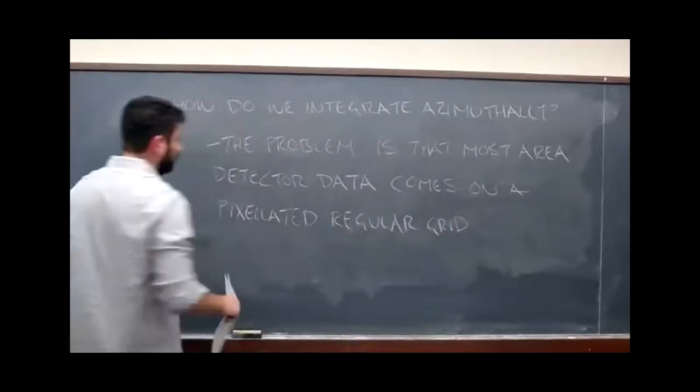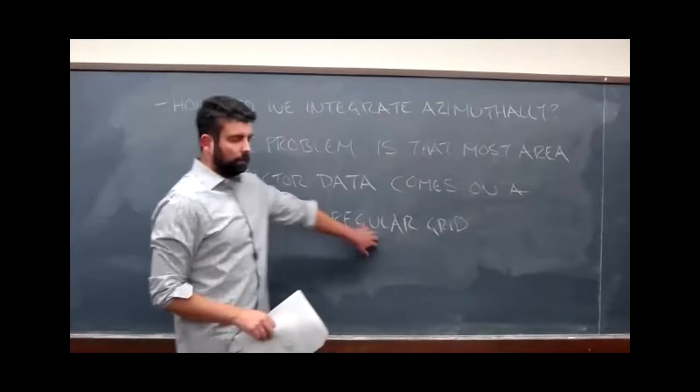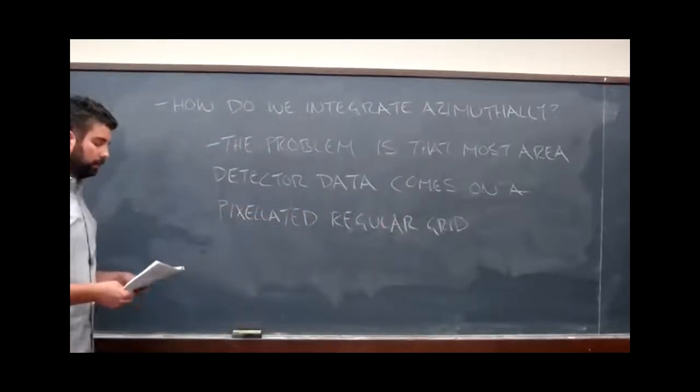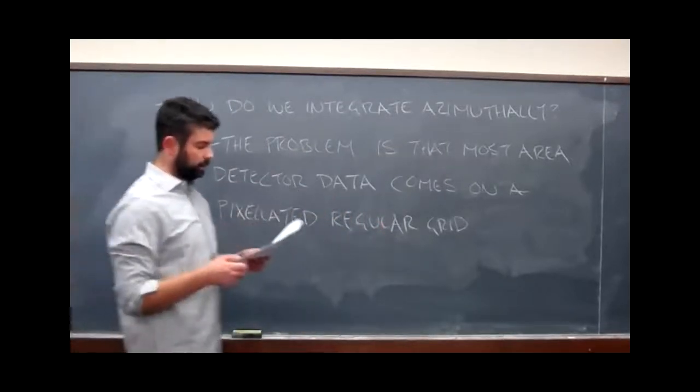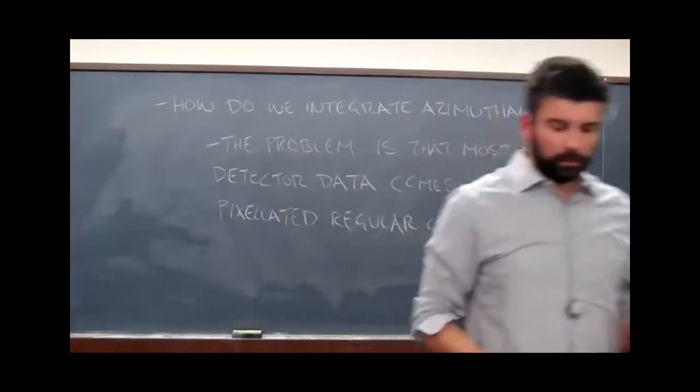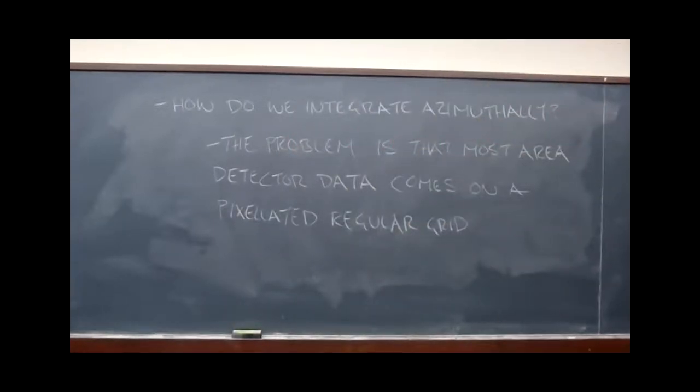And a regular grid of values does not lend itself particularly well to a polar integration that we're just talking about. So two simple strategies to get you thinking about the problem.